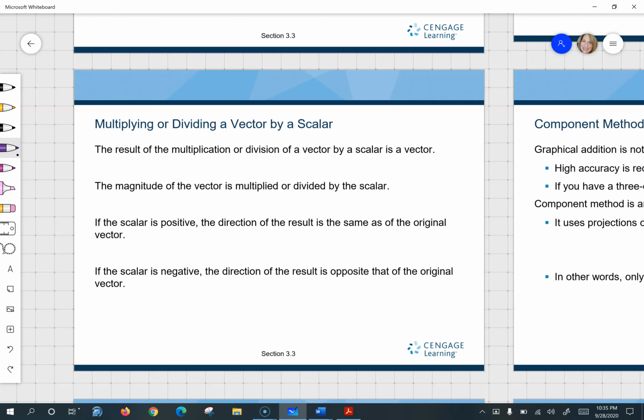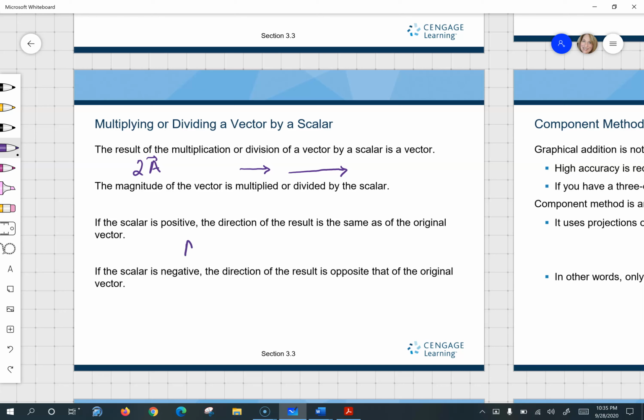So, for example, if you had vector A and you multiplied it by 2, your result would just be 2A. If this is vector A, that would just be 2 times as long. Same direction, everything else stays the same.